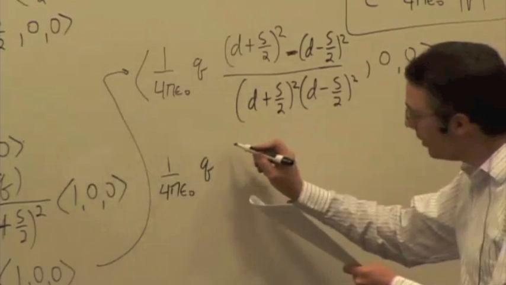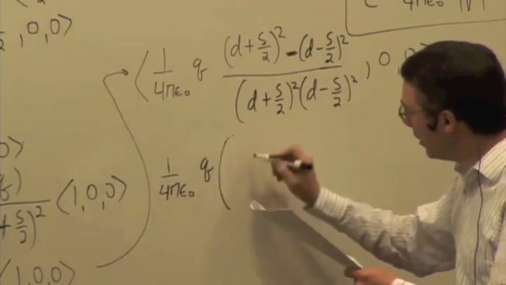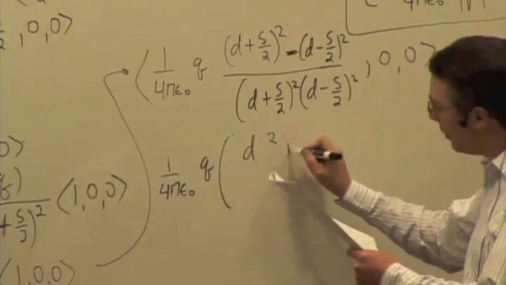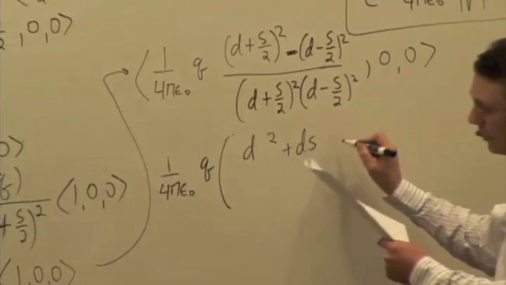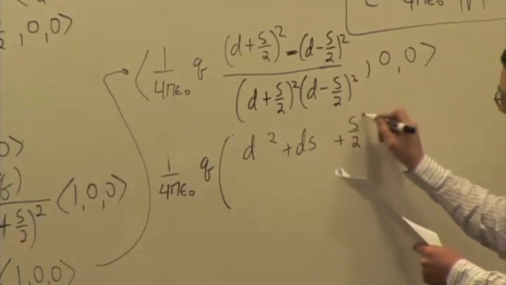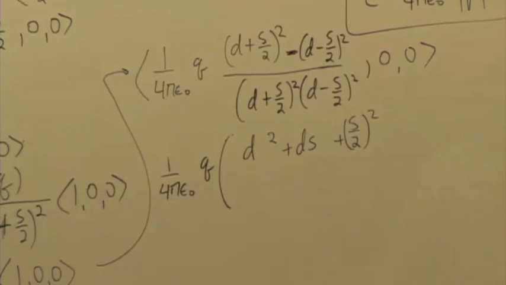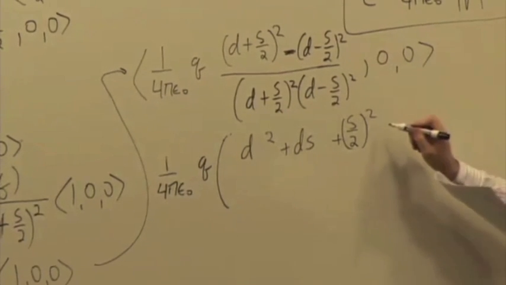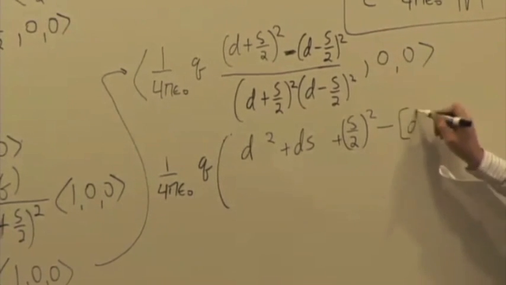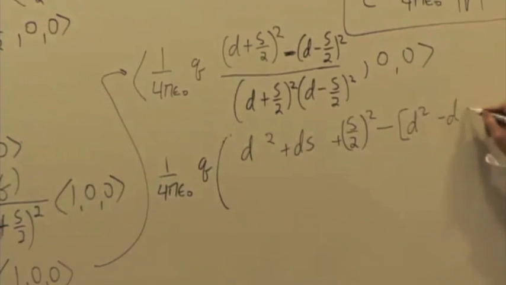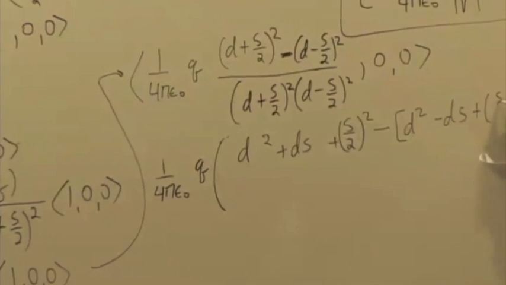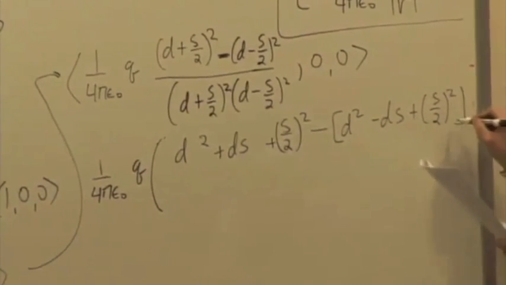We're going to have d squared plus ds plus (s over 2) squared, just doing the square here, expanding the polynomial. And then minus d squared minus ds plus (s over 2) squared, that quantity.